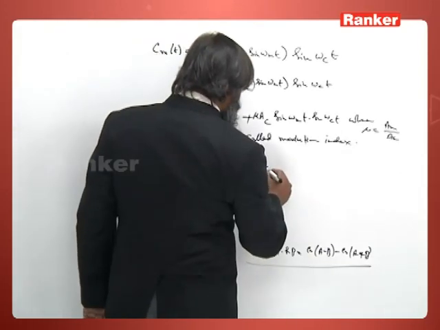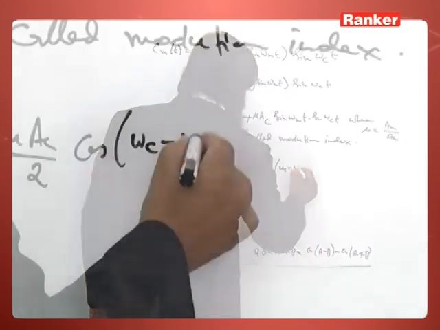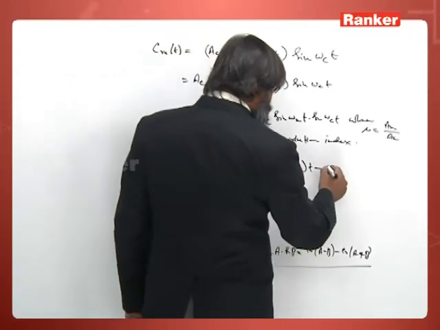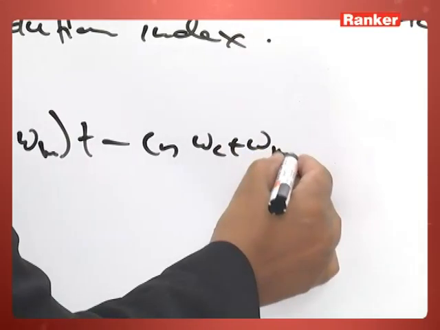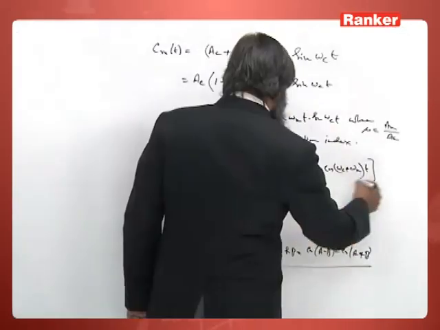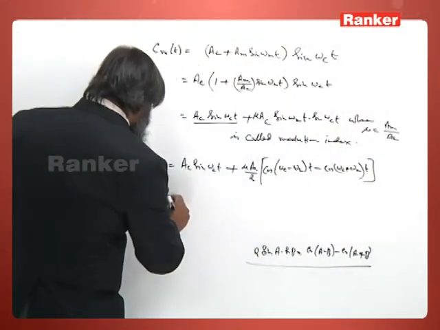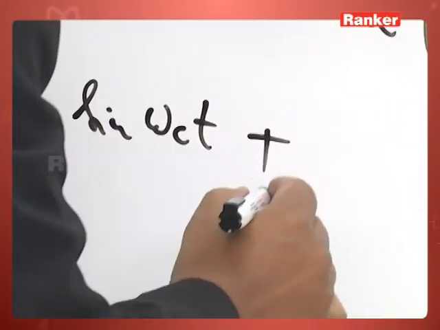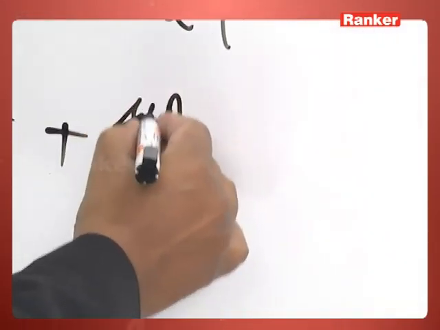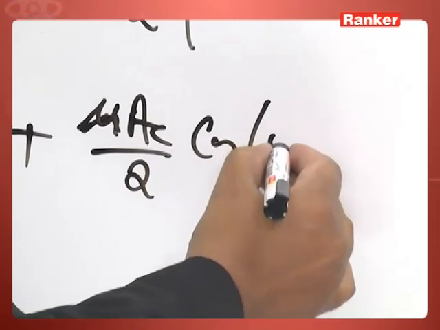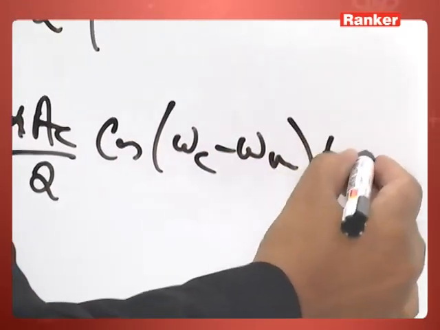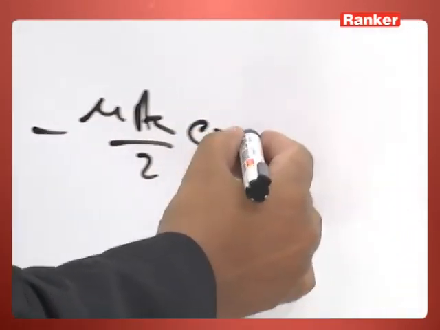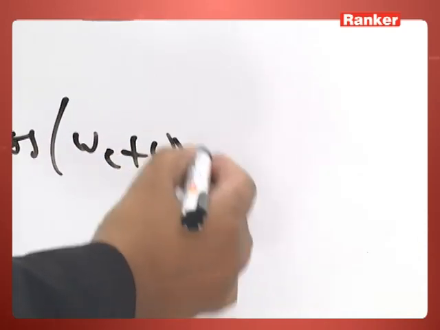So we get cos(ω_C minus ω_M)t minus cos(ω_C plus ω_M)t. Thus we got A_C sin ω_C t plus mu A_C by 2 cos(ω_C minus ω_M)t minus mu A_C by 2 cos(ω_C plus ω_M)t.